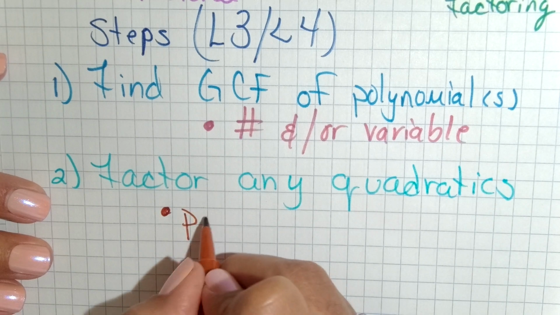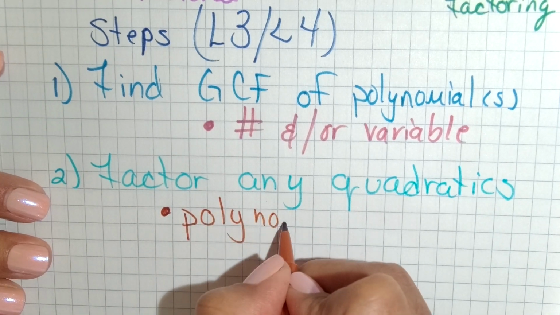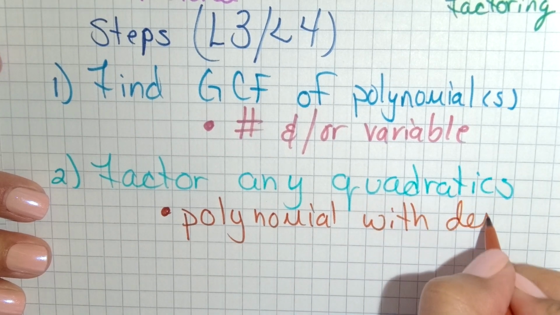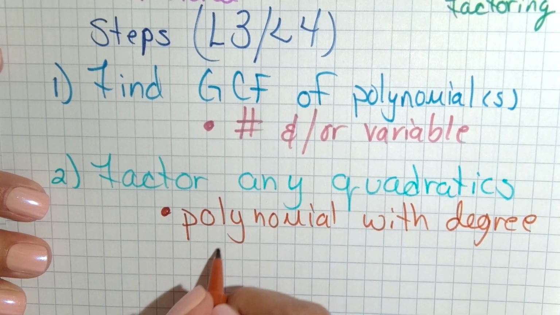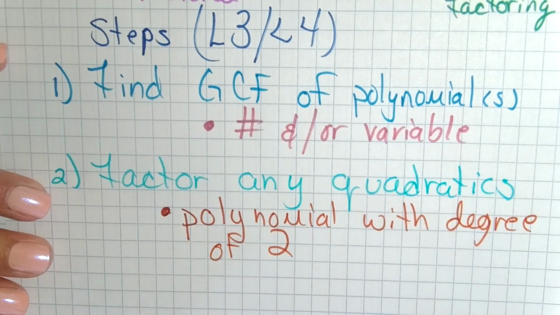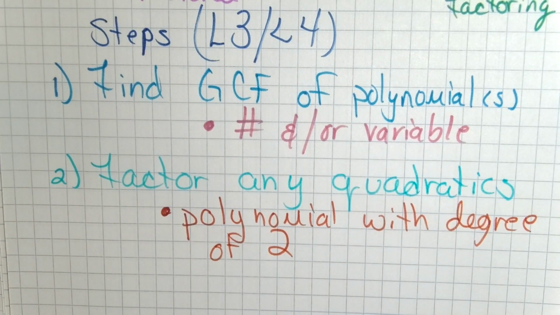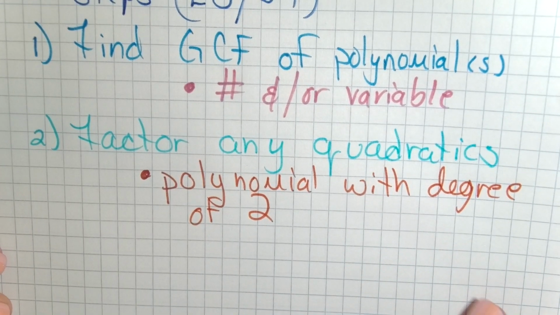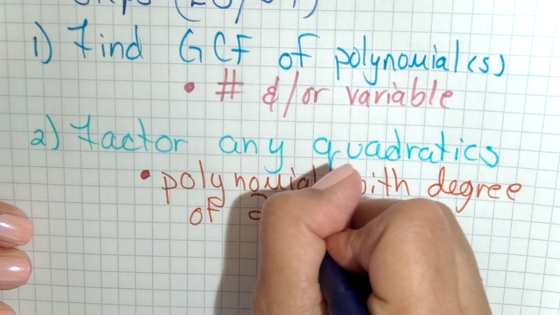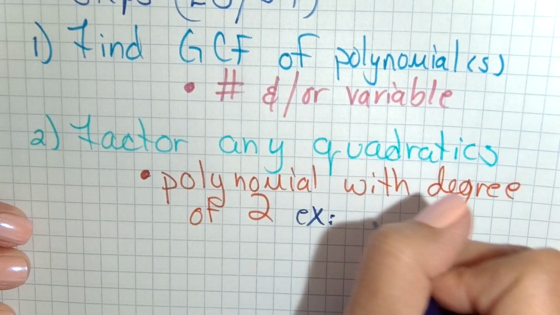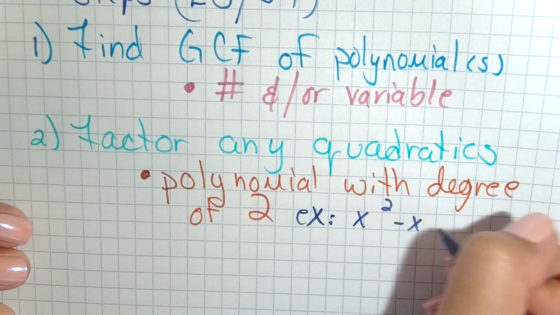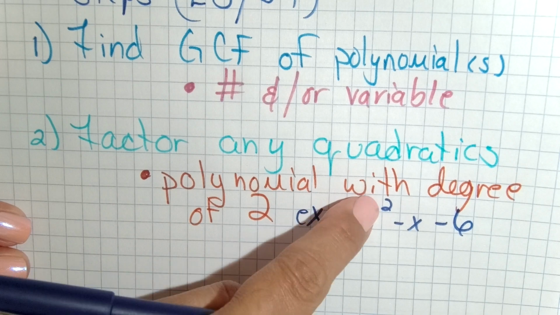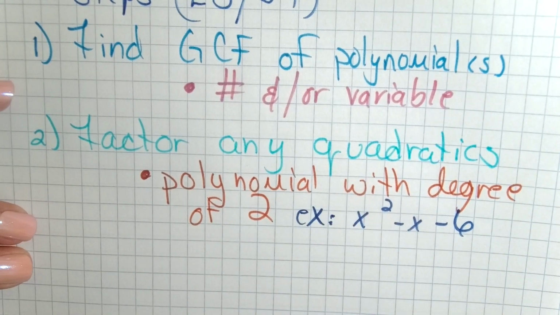A quadratic is a polynomial with degree 2. I still don't understand what that means, Miss Santana. Can you give us an example? Of course. So an example would be x squared minus x minus 6. This is a quadratic because the degree of the polynomial is 2.